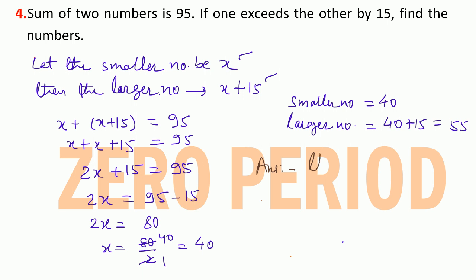The desired numbers are 40 and 55. There is no unit required because the numbers are given only in number form. No unit is required to write in the answer. Remember it. So move to the next question.